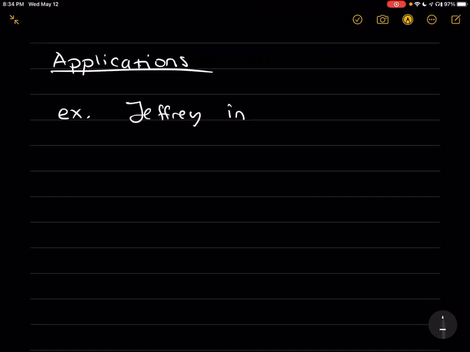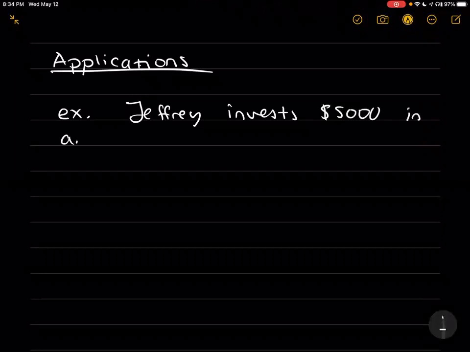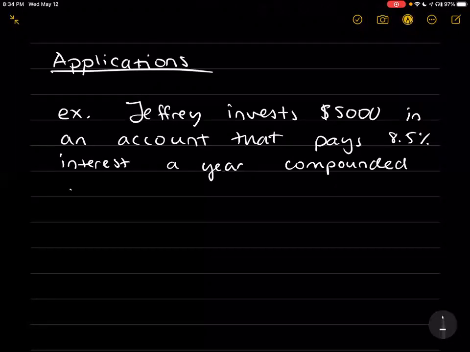Jeffrey invests $5,000 in an account that pays 8.5% interest. So this is interest a year, and that's compounded continuously.